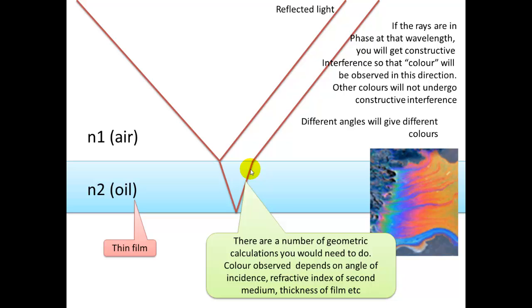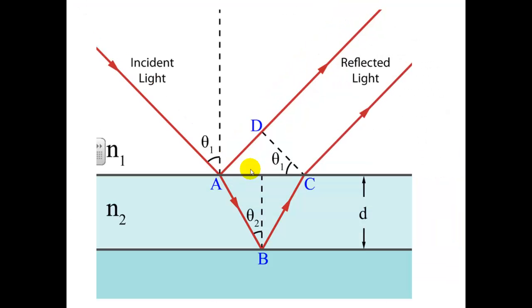Now, if you look at this, there are a number of geometric calculations that you would need to do to calculate all this. Because this color that you see depends on the angle of incidence, it depends on the refractive index of the second and the first medium, it depends on the thickness of the oil, and so on. It gets a little bit complicated. In fact, it looks a bit like this. However, the IB have been nice to us.